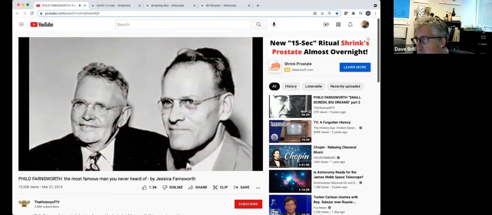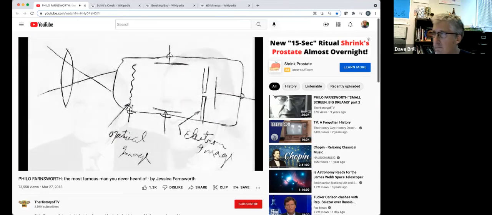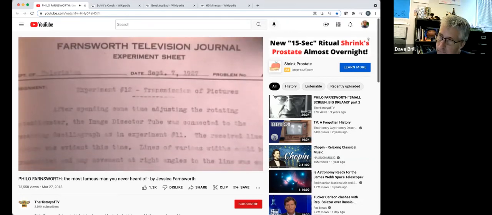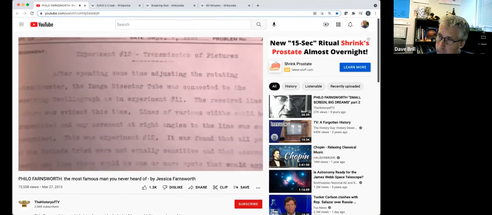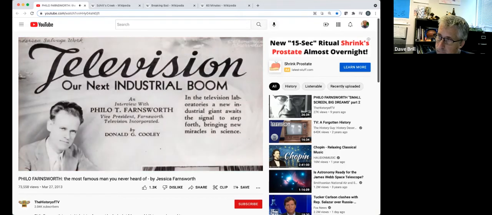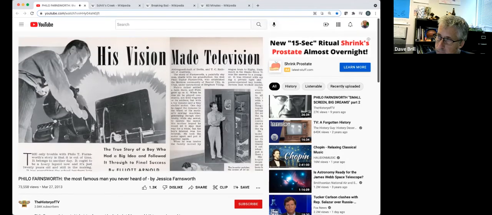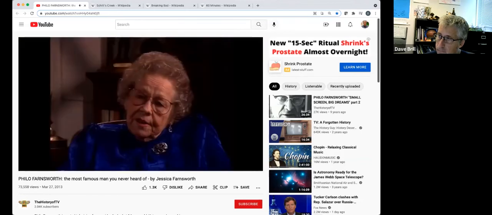Phil's old chemistry teacher, Justin Tolman, produced a page of Phil's notebook where Phil had made a drawing of the camera tube. And so RCA had to give in on that idea. Therefore, they made a ruling that Farnsworth was the original inventor of electronic television. He said this is the first time RCA has ever taken a license.